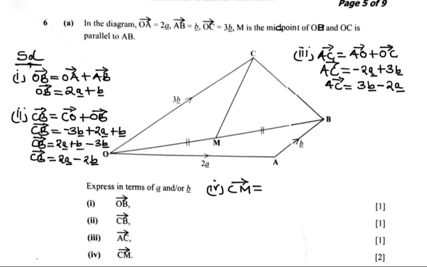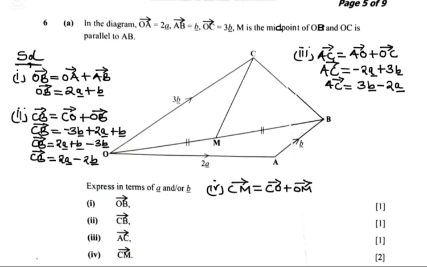So here we need to get the vector O to M, because in our directions to get CM vector, we are going to take the following directions. We are going to take C to O, then plus O to M.